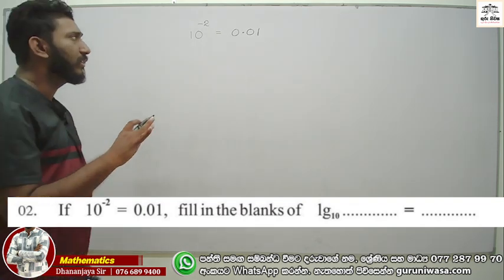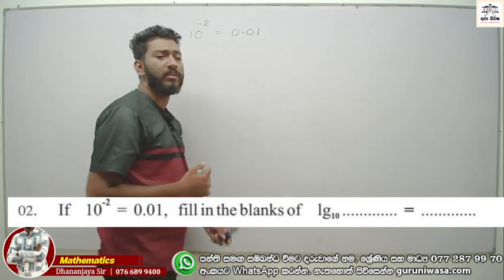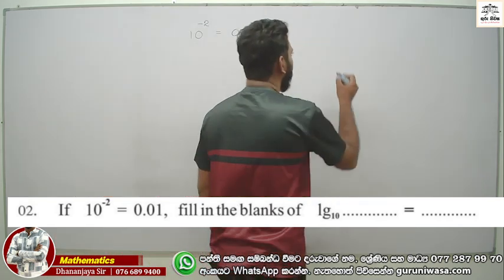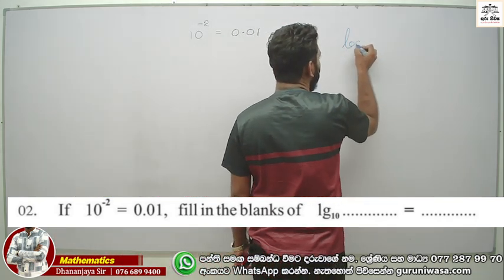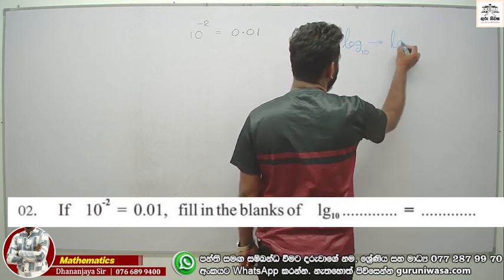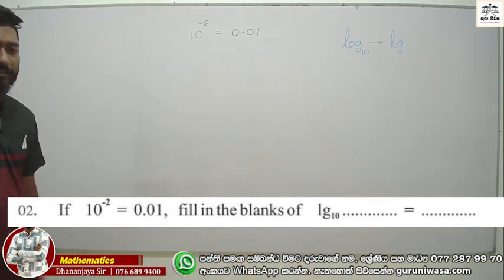Now, this one we call the index form. You can change it to the logarithm form. And we know the base 10; the logarithm of any number with base 10, you can write as lg.